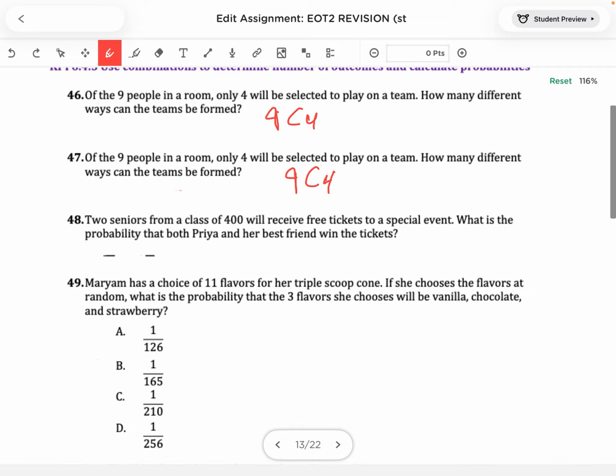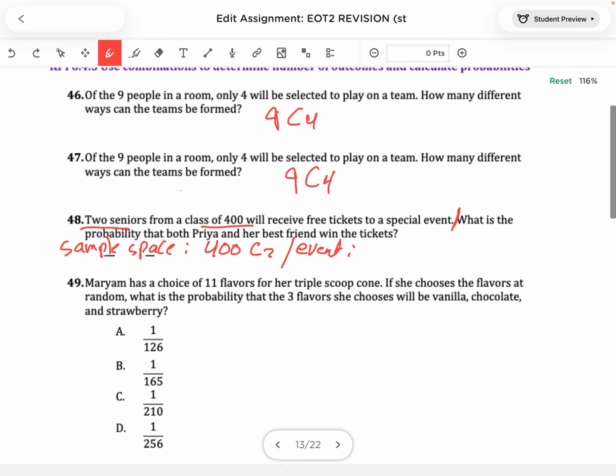Two seniors from a class of 400 will receive a ticket for a special event. We stop here. So the sample space is 400 combination 2. And for the event, what is the probability that both Priya and her best friend are selected?